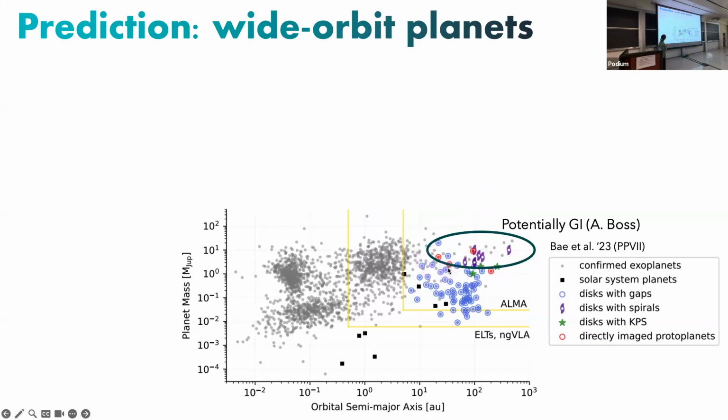Be careful with that, because except for PDS-70b and c, the inner 2 ones, the other 2 are actually refuted by now or highly contested. So really, we only know PDS-70b and c right now, because it's very difficult to directly image protoplanets, these young planets at formation, as they're embedded in this optically thick environment.